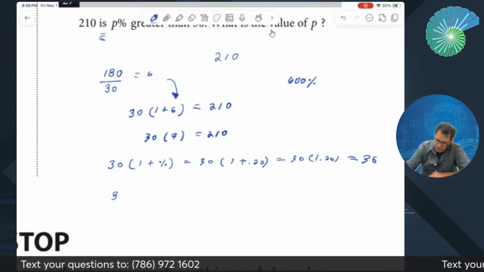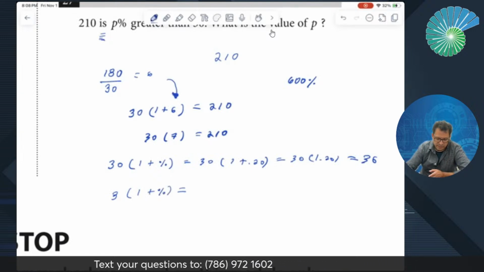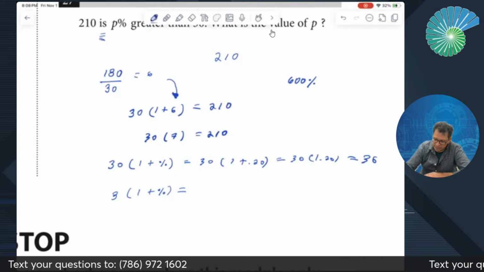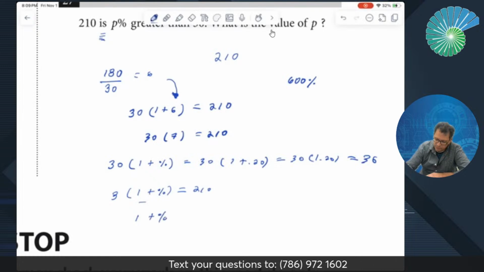So using the same idea, 30 multiplied by this expression gives you 210, which means that 1 plus the percent is 180.